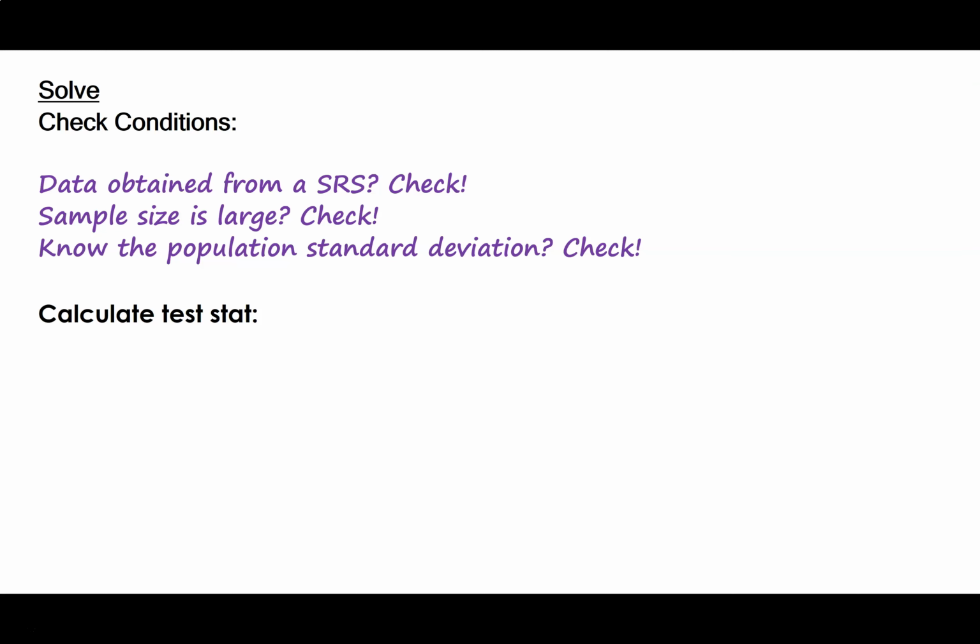So calculating my test statistic, it is going to be a z test statistic because I know sigma. So plugging in the claimed value, that's 75, I end up getting a z test statistic of -3.